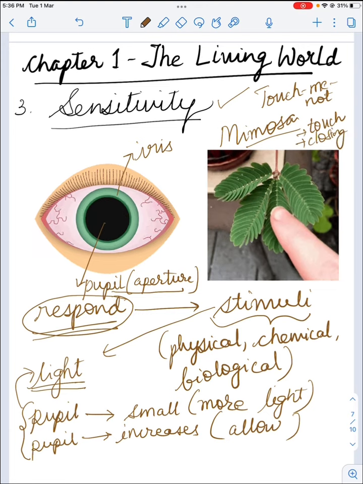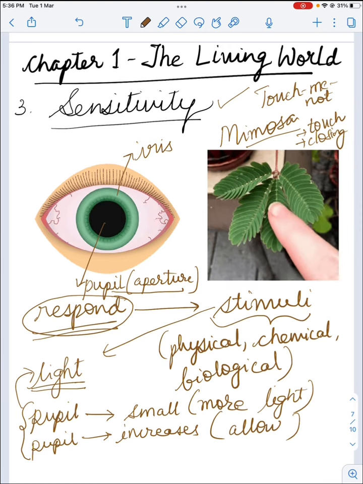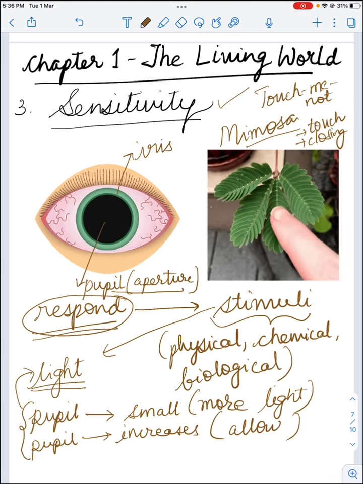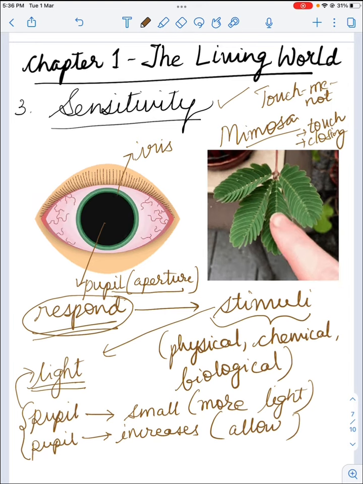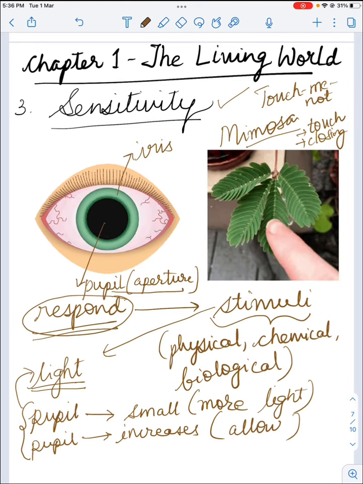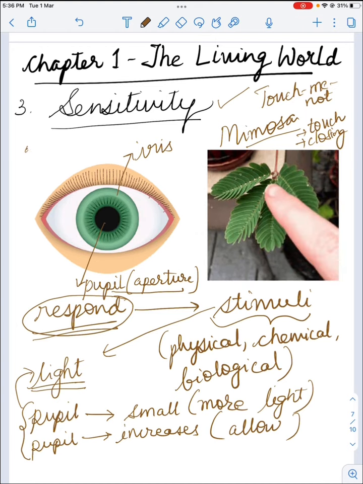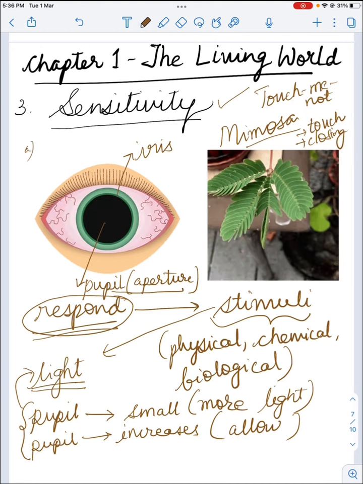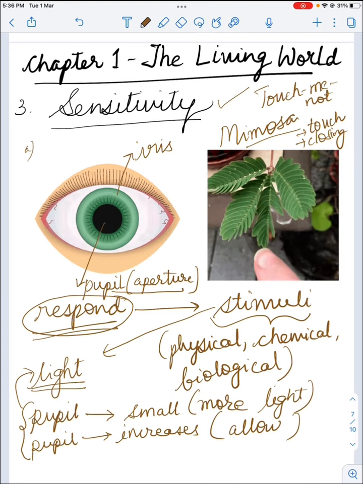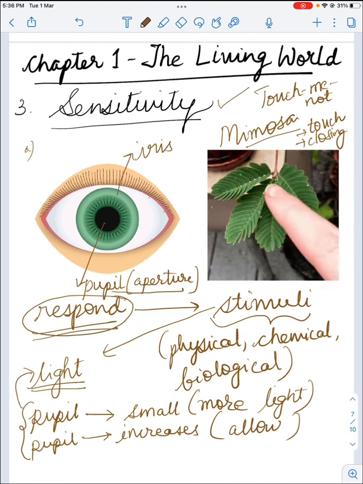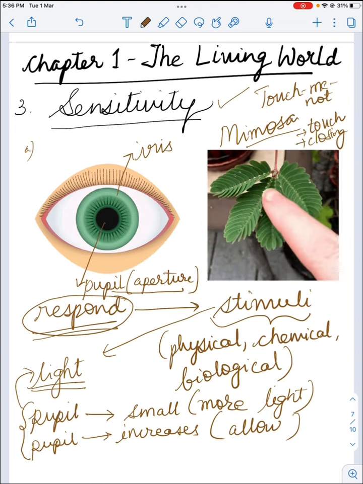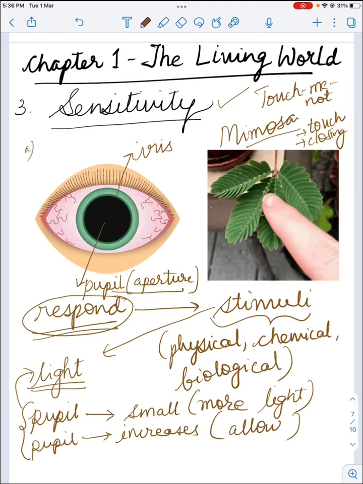I repeat, sensitivity is the third life process which we are discussing today. Here I have taken a plant and an animal example. The first example is with respect to animals, the human eye, and how it responds to the stimuli of light by either dilating the pupil or constricting the size of the pupil.